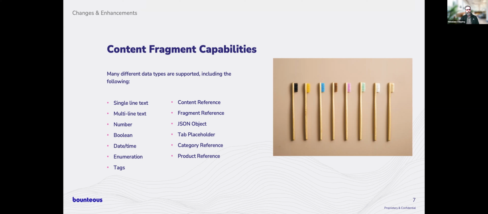So right here, we just have a listing of the different kinds of content types that this allows. Some of the more complex ones are in that right column, the reference ones, the JSON object, and then the tab placeholder. The ones on the left are more of the basic types, but we will actually get into those in a demo in a little bit here.